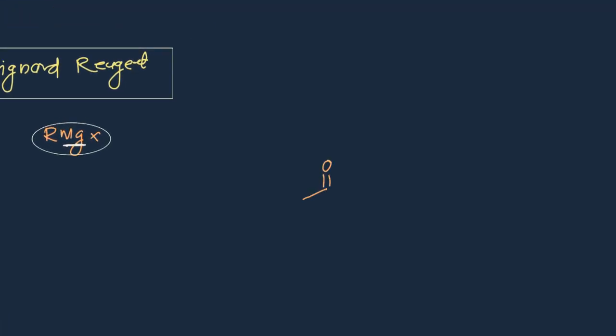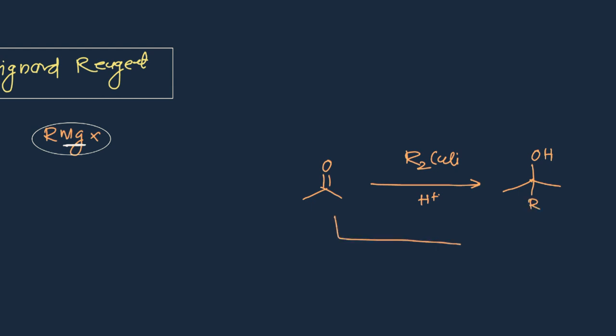Suppose I have this carbonyl compound, and when I treat it with this Gilman reagent, R2CuLi, after hydrolysis you will get the same product. Also using this Grignard reagent, RMgX, you get the same, and in the second step you add water, that is hydrolysis, an acidic workup.